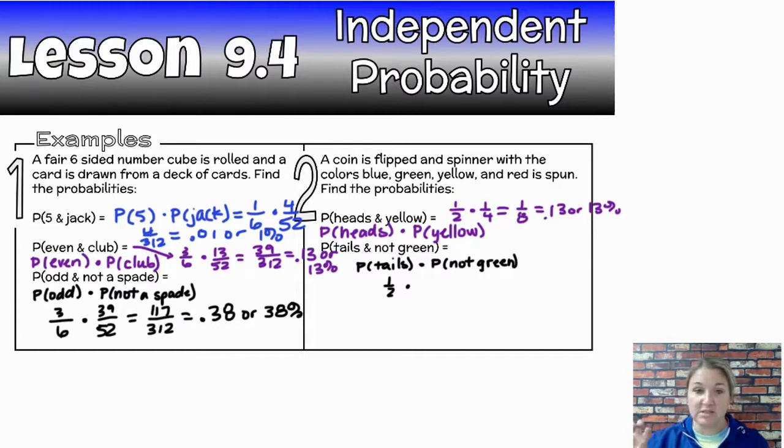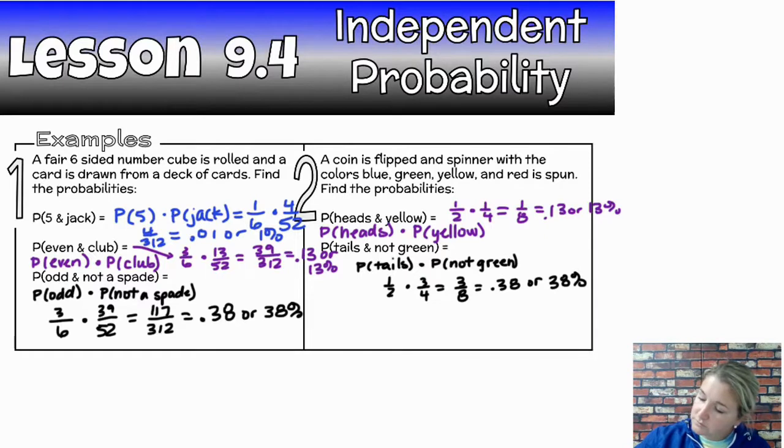Not green is all the ones but green, which is going to be 3 over 4. Top times top and bottom times bottom still, and so we have 0.38 or 38%. So a little bit more likely to flip tails and not land on green.